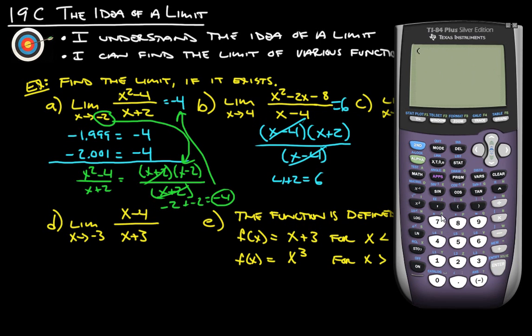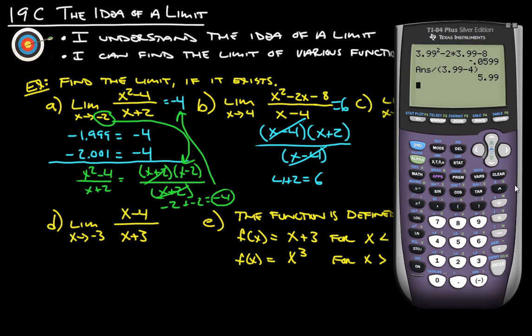So let's do, say, 3.99, and we're going to square it, minus 2 times 3.99, minus 8, which gives us a pretty small number, and we're going to divide that by, we're going to have to put parentheses in here, 3.99 minus 4.